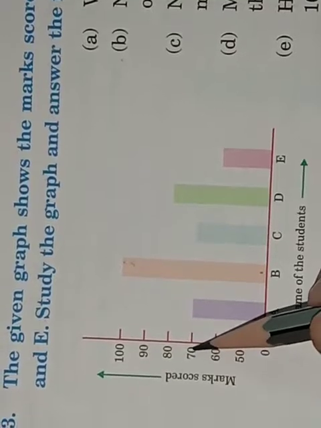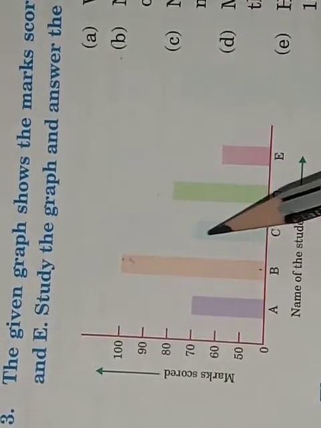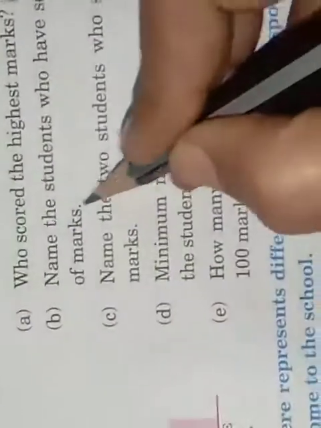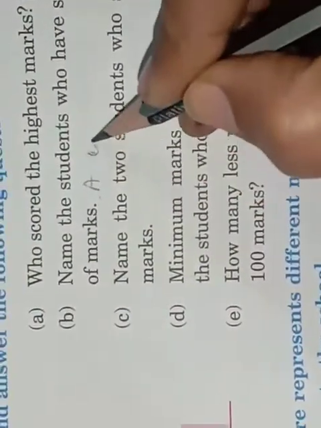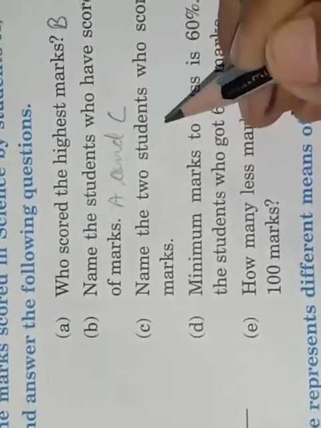Look at here. Where is 70% here? We can see A has 70% marks and C also has 70% marks. So, the answer will be A and C.